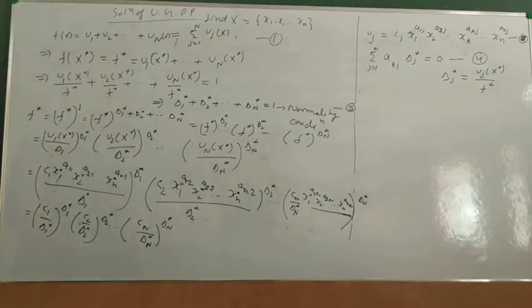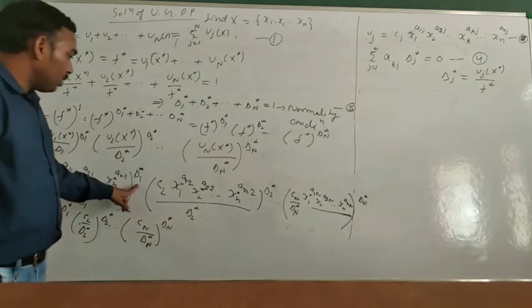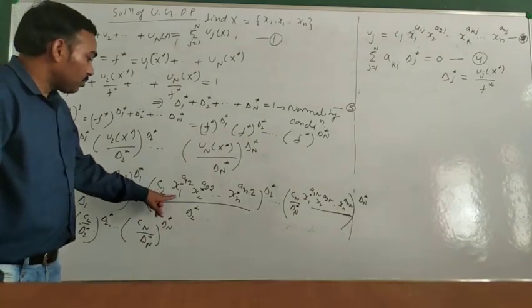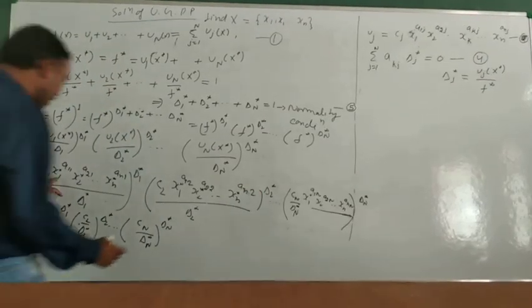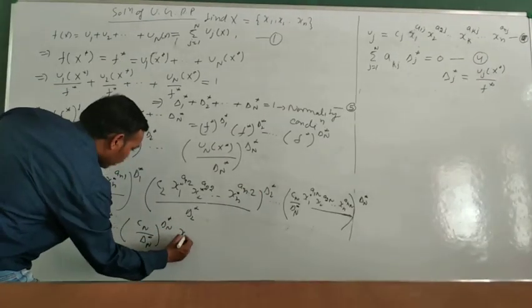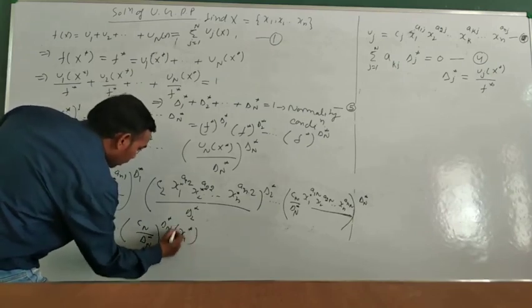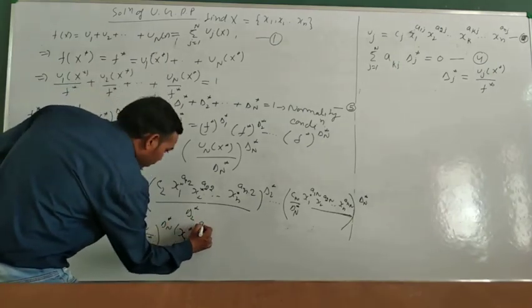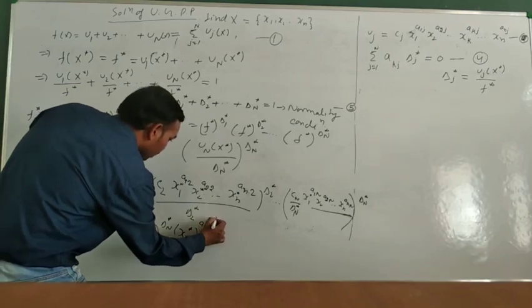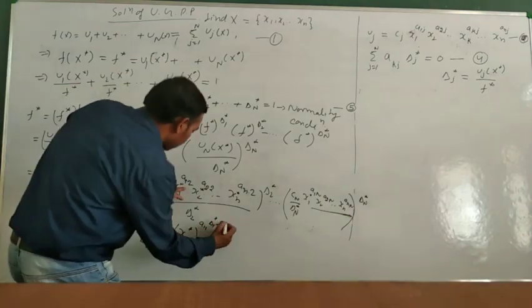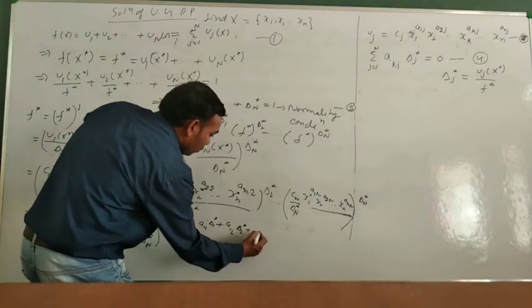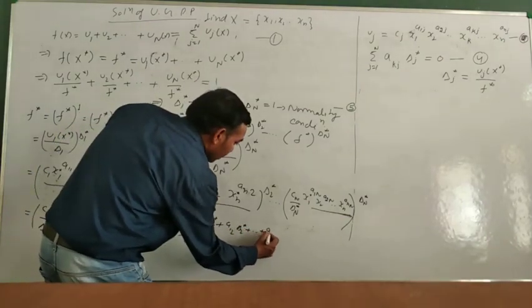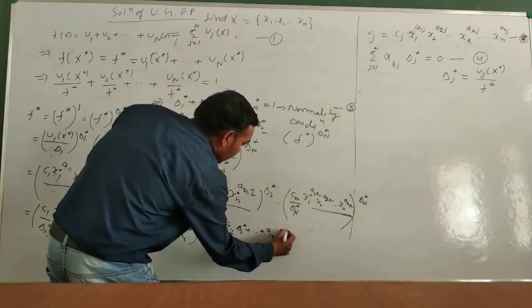And you see here x1 to the power a11 delta 1 star and x1 to the power a12 delta 2 star. So we can write x1 star to the power a11 delta 1 star plus a12 delta 2 star up to a1n delta n star.